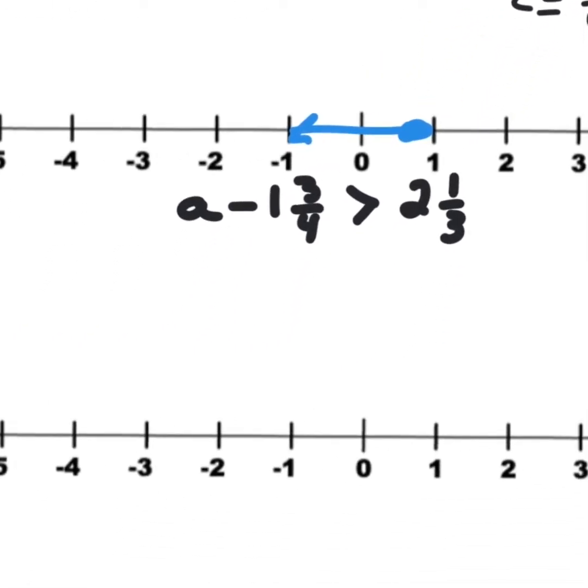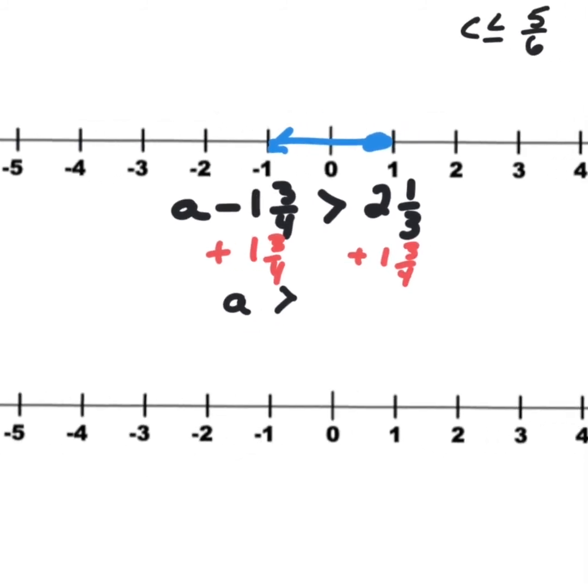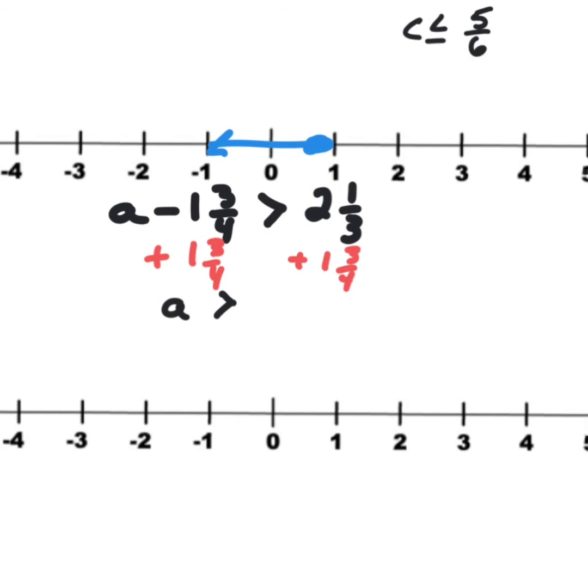This next one, I'm going to have to add, because it's minus 1 and 3/4. So I'm going to add 1 and 3/4 to this side. Gets the a by itself. That doesn't change. Then I have to add 1 and 3/4 to this side. I need to find a common denominator between those.